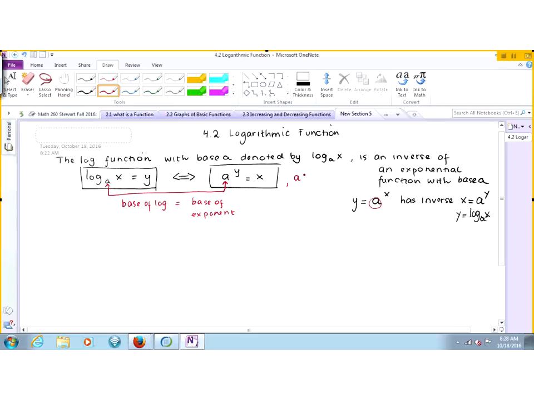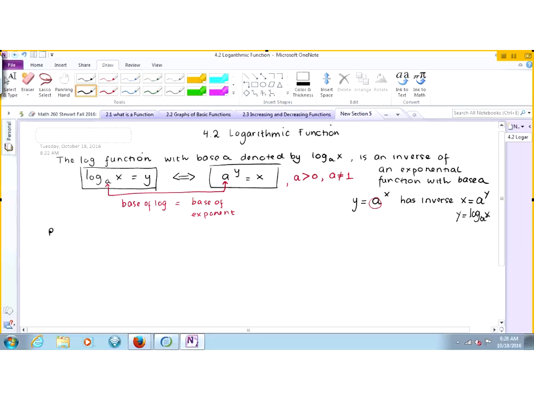Do we have a restriction on A? Yes. A has to be greater than 0, and also A cannot be equal to 1. So the restriction still stays the same for A. Yeah? We had that last time for exponential function. If you look at yesterday's note, then it's the same.